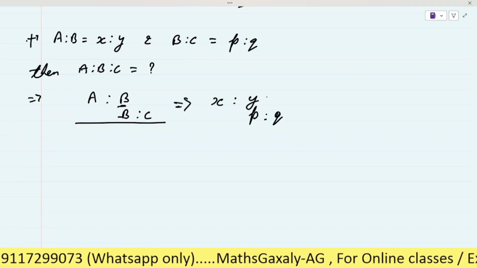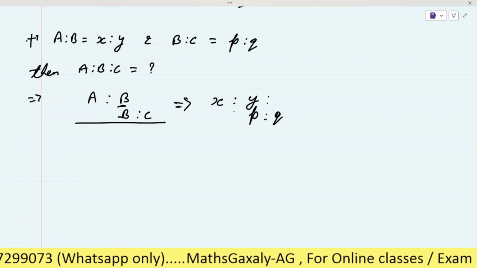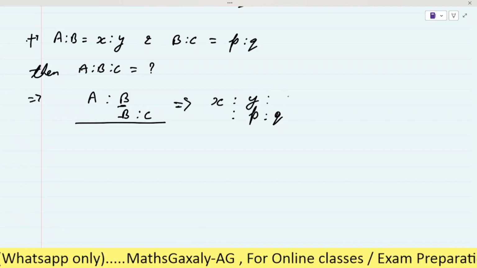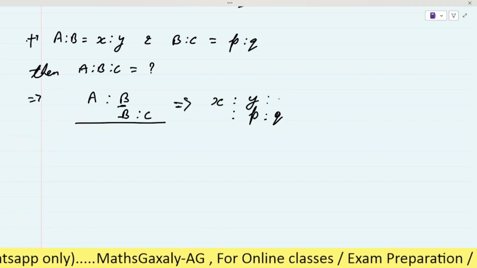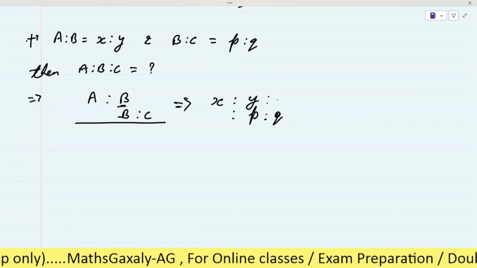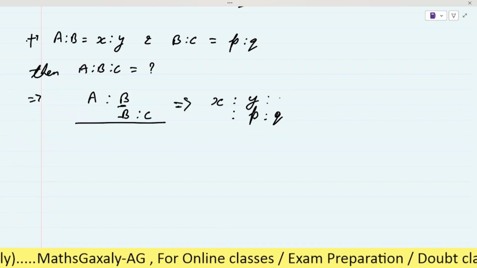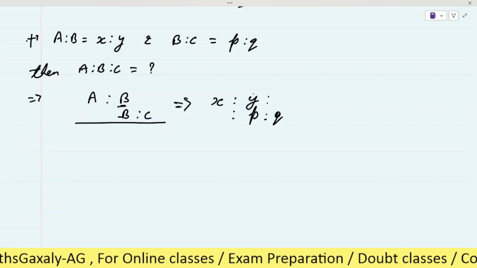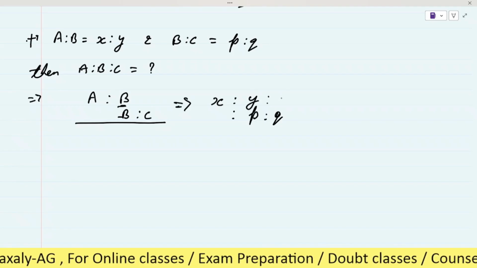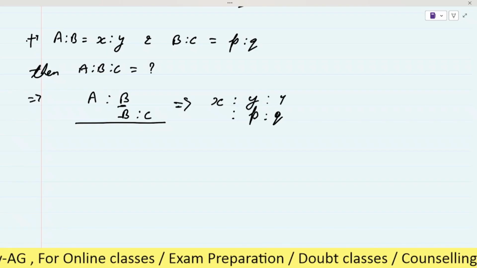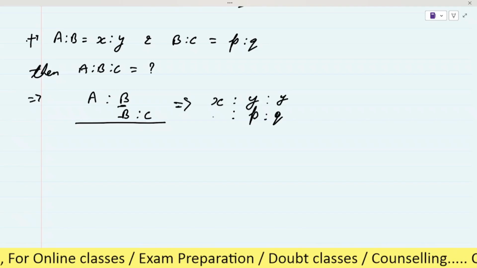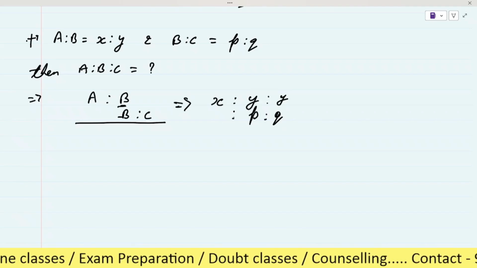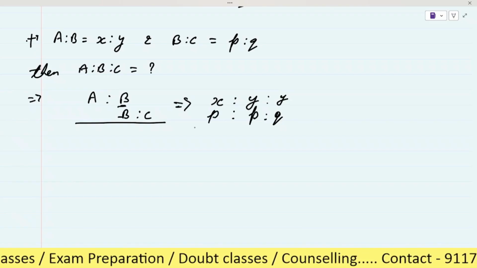Now after this, here we will fill it. As here, for a it is y, and here there is nothing, right? It is empty. So we will write the value which is on the left side, or which is beside it. So as here it is y, here we will write y, and in this blank space, as beside it it is p, here we will write p.